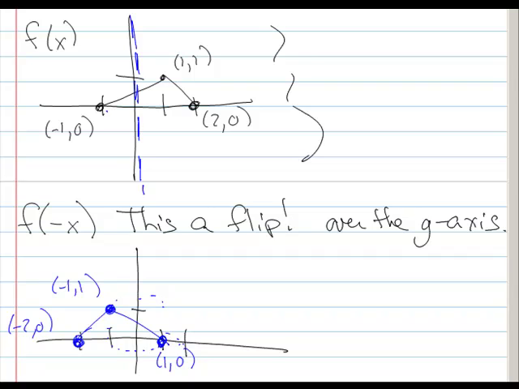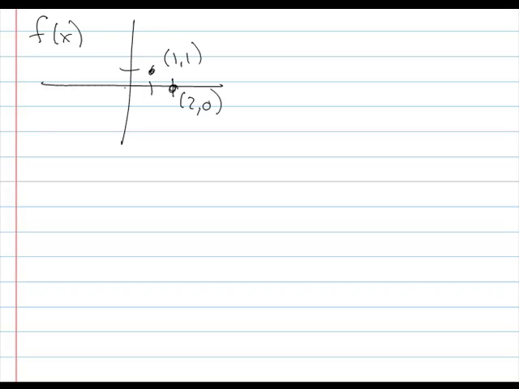So I'll give you another example. We'll go ahead and use that same function. If I had f of x was equal to this graph looking like, again, (2, 0), (1, 1), and (-1, 0). And I said, okay, well, I want f of x plus 3.